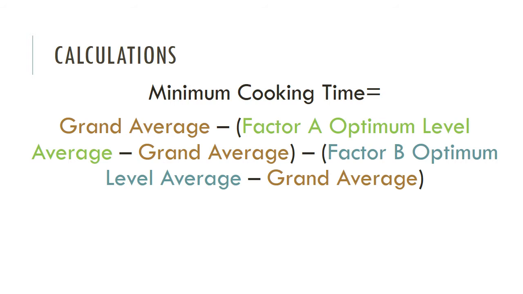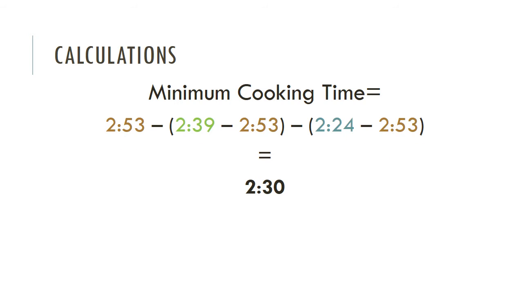We have our grand average, which again was 2 minutes and 53 seconds, and you subtract that from our factor A optimum level average, and you can see all the math here with the numbers plugged in. 253 is our grand average, 2 minutes and 39 seconds is our average optimum factor A level, and 2 minutes and 24 seconds is our optimum factor B. After all that, our minimum cooking time should be 2 minutes and 30 seconds.